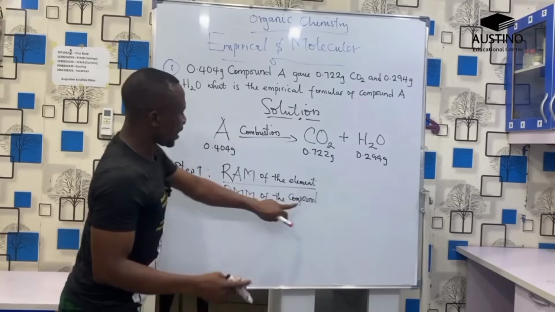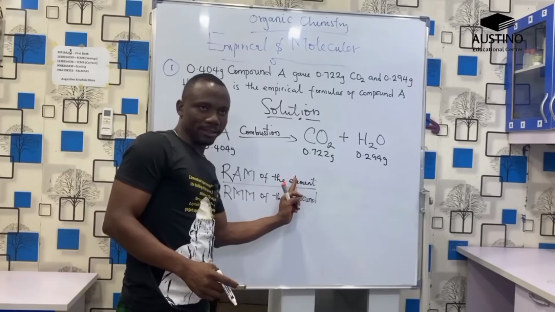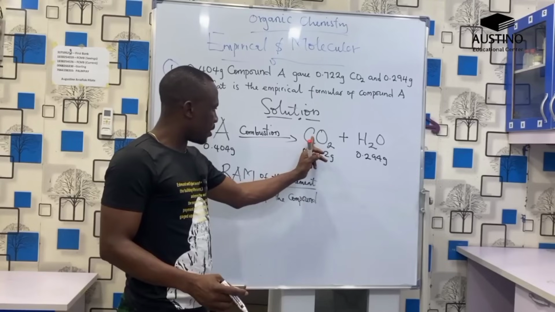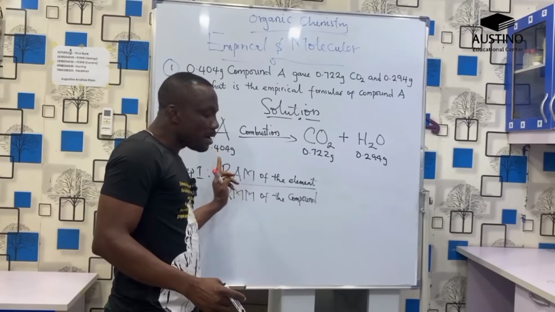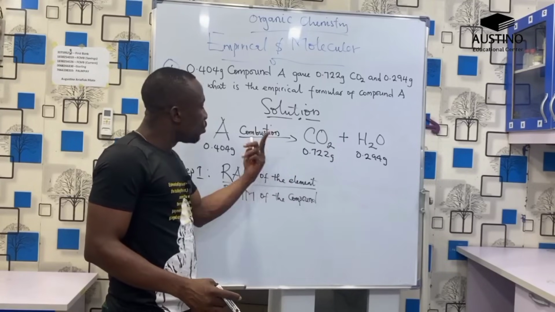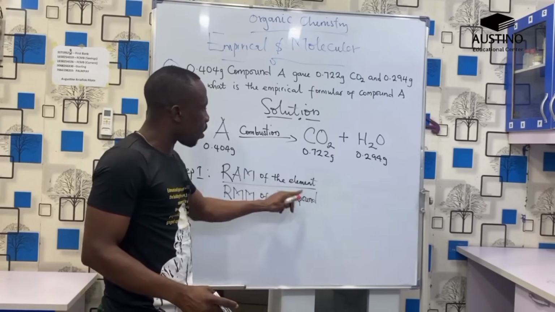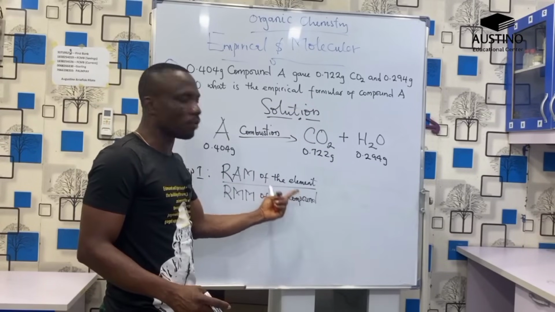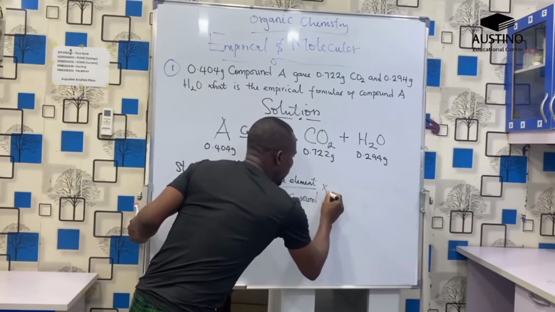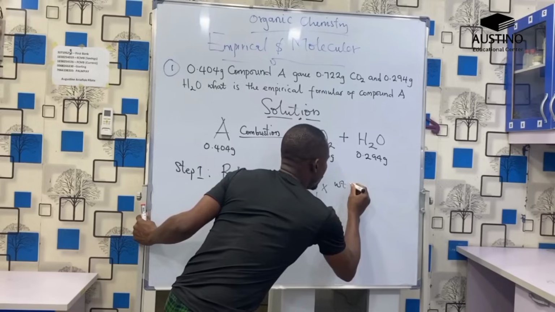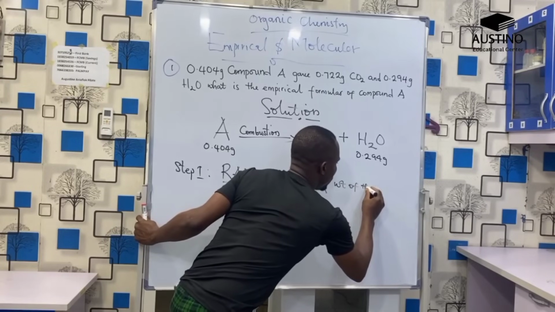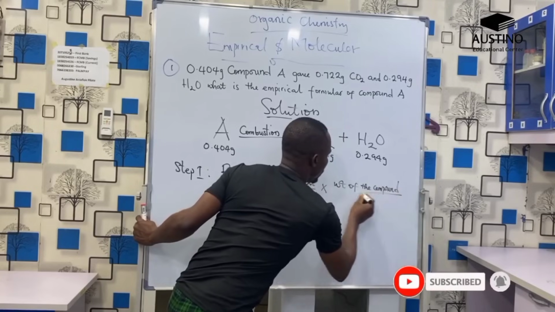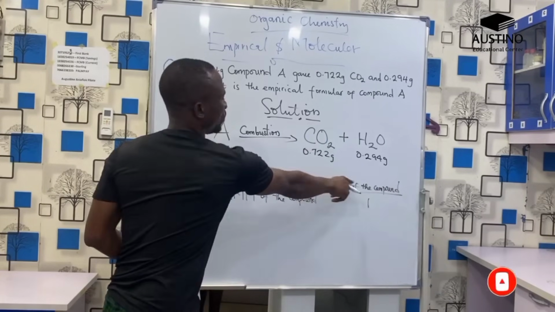Now, this compound is the compound that the element in question is found in. For instance, here we are looking at carbon. After getting the relative atomic mass of carbon, we get the relative molecular mass of the compound that carbon is present in, which is CO2. So we take the relative atomic mass over the relative molecular mass of CO2, times the weight of the compound that the element is found in. Like in this case, the weight of CO2.